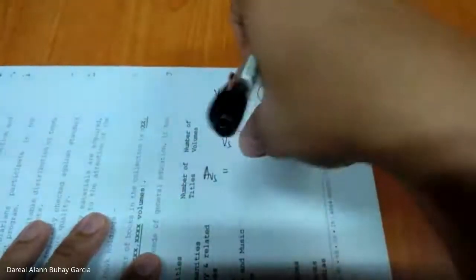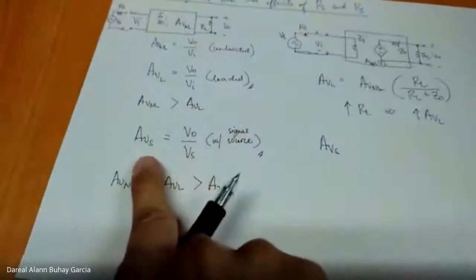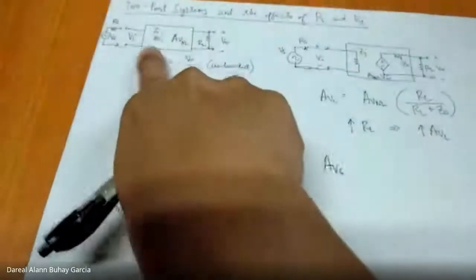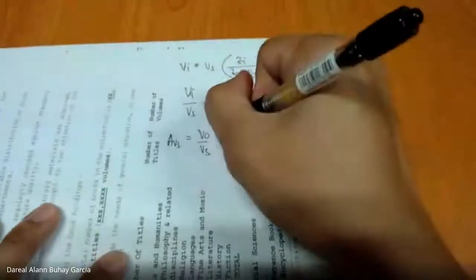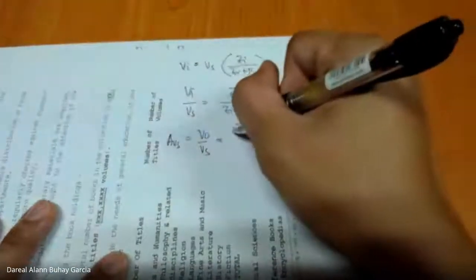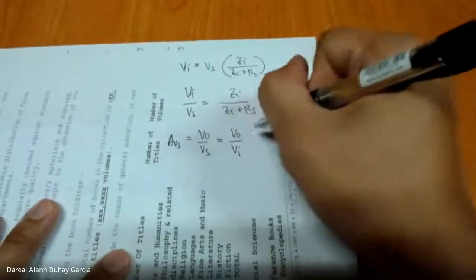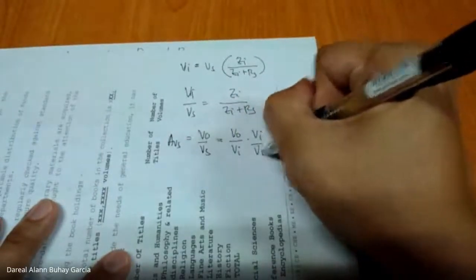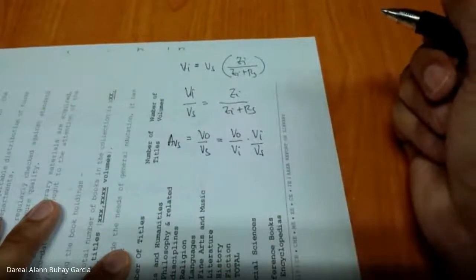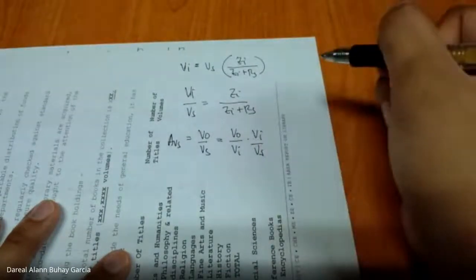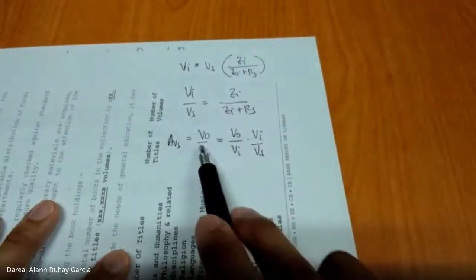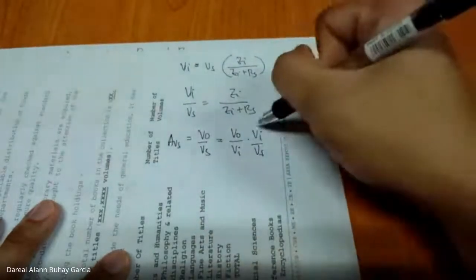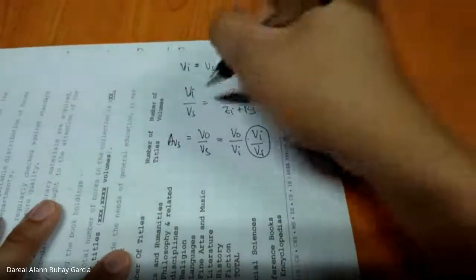We set AVS as VO over VS. This could also be equal to VO over VI times VI over VS. They cancel out, leaving us with VO over VS.